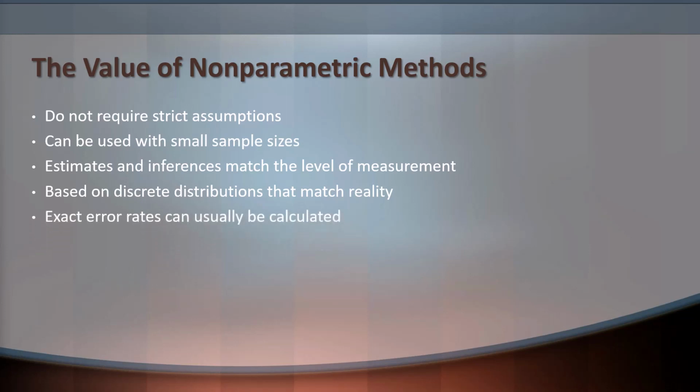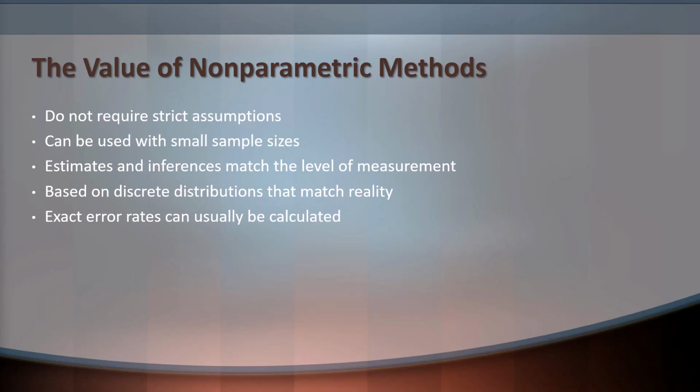Every time we use a parametric method, we are actually approximating the error rate. That's probably a new concept to you, but think about it a moment. You set the type 1 error rate at, say, 0.05, and then you use a continuous distribution, such as the normal distribution, and you decide where the critical value is based on that distribution.